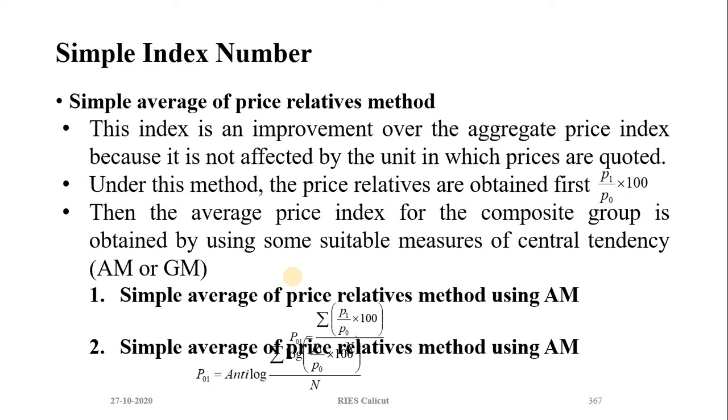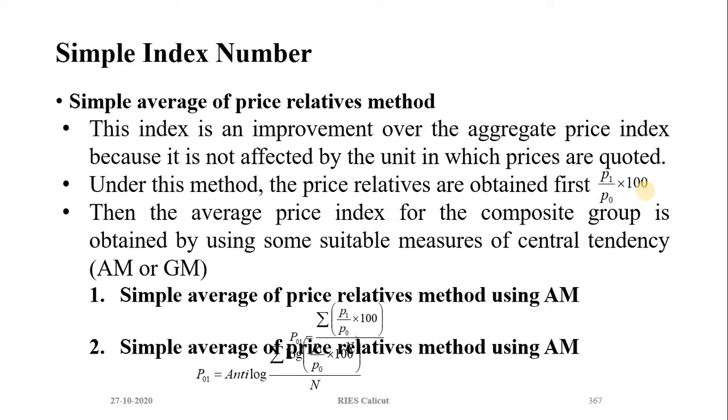Okay. So under this method, what we have to do first is obtain the price relatives. The price relative is nothing but the price in the current period divided by the price in the base period into 100. So it is P1 divided by P0 into 100.